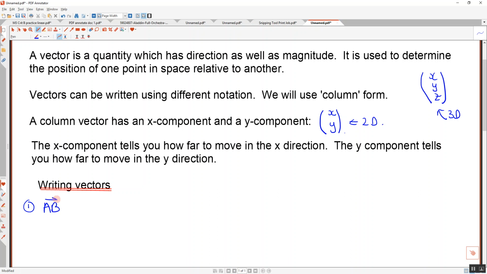This is the first way that we can write a vector, okay? So A to B, capital A, capital B with an arrow telling us the direction that we're going.